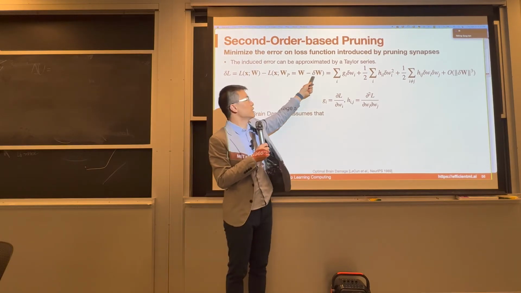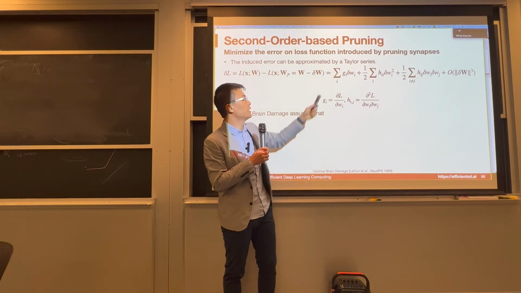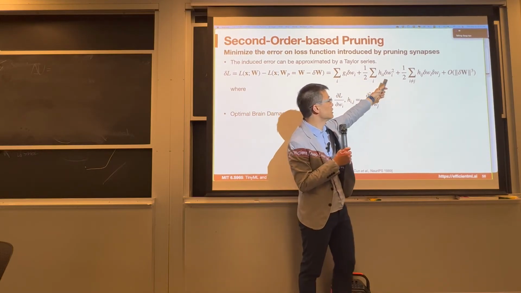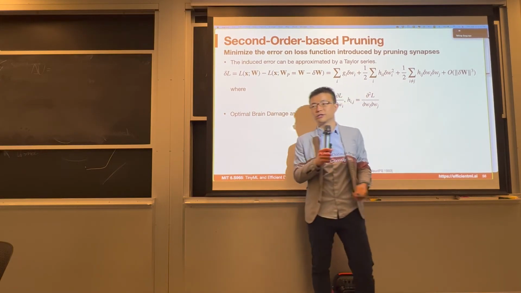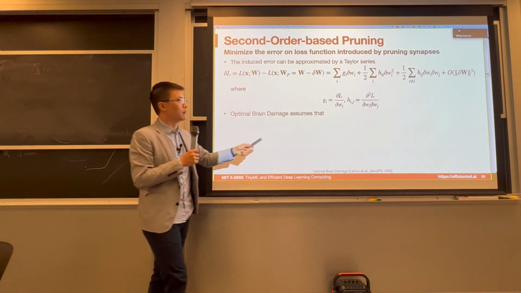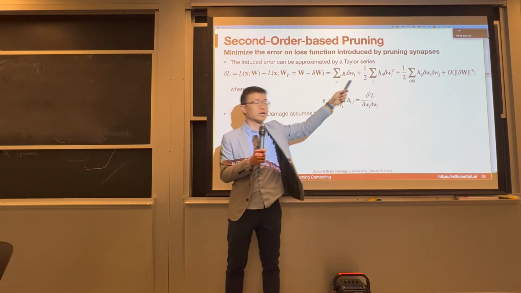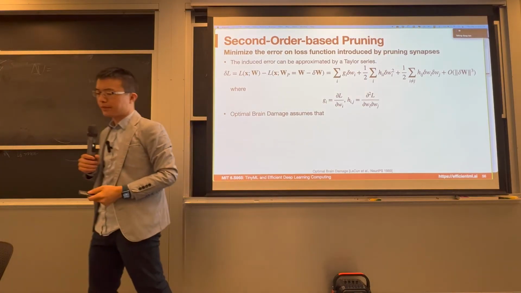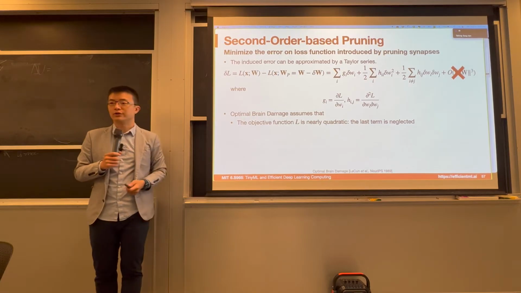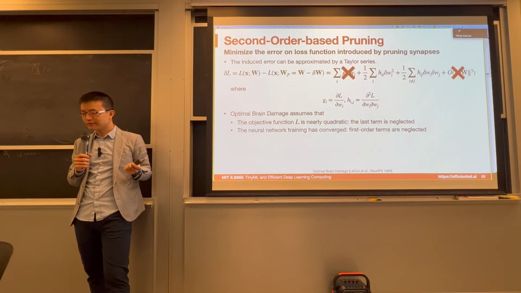According to Taylor expansion, when we change W by delta W, this is the first order difference. This is the second order difference. This is a cross term, and this is the third order term. According to Taylor expansion, the coefficients are the first order derivative and second order derivative. In the optimal brain damage paper, it assumes that this third order term is pretty small, so we can remove it.